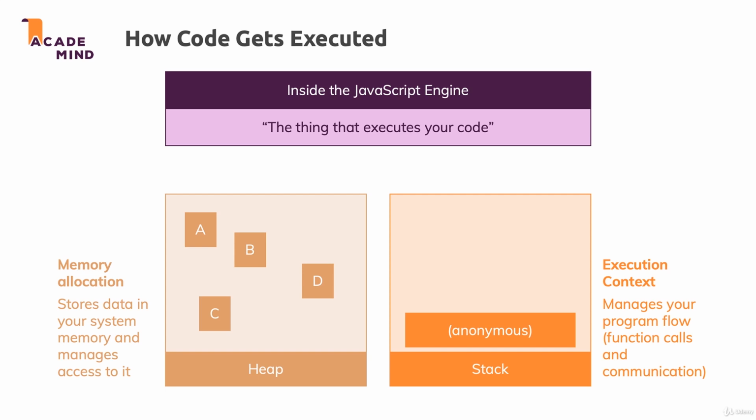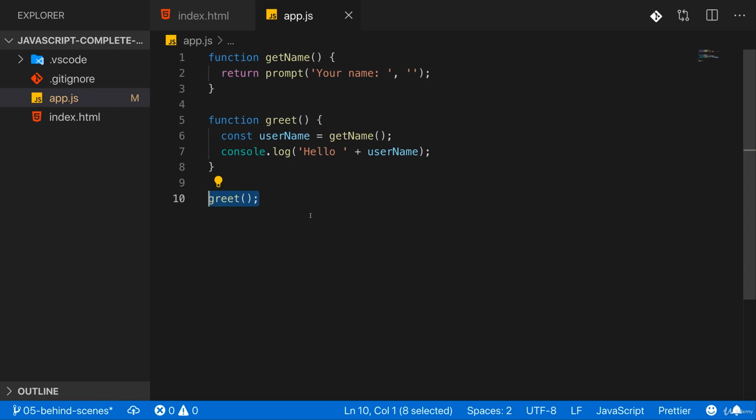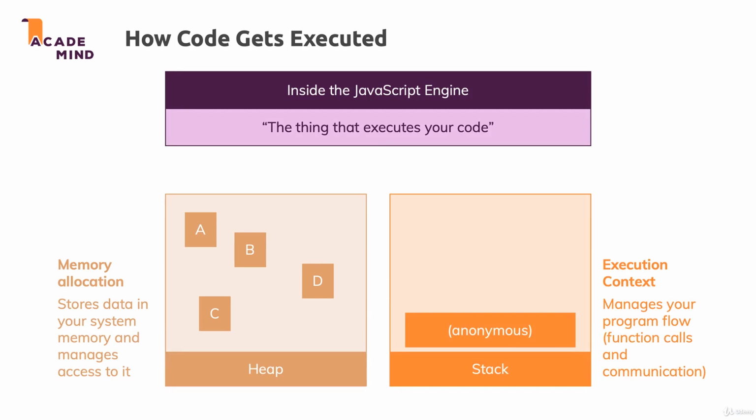So the script execution started. We're executing the entire script. And that basically means that this greet line is getting executed. So we call the greet function. Therefore, JavaScript moves this greet function execution onto the stack. So the stack is in the end a data structure, a short-living data structure, you could say, where your function executions are stored, so to say.